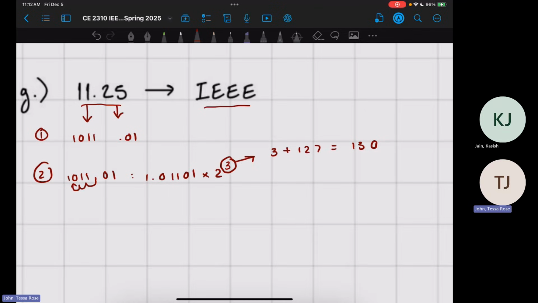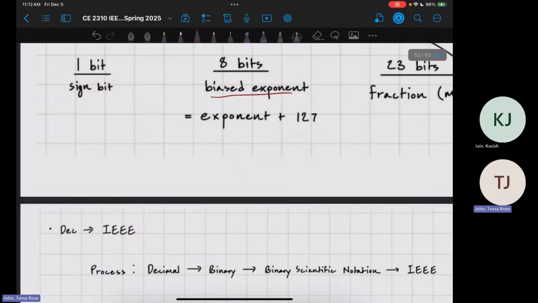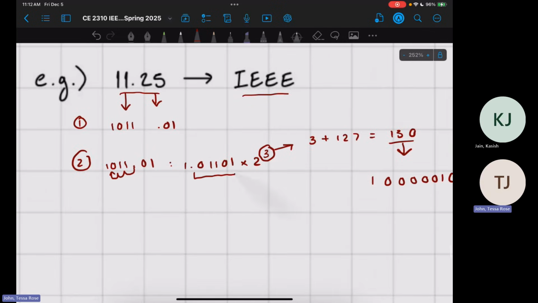Then you do 130 into binary, which is 10000010. So that's going to be that 8-bit middle number that goes right here. And then the last thing is the mantissa. The mantissa is pretty easy. It's just whatever comes after the decimal, and then you pad it to 23 bits.